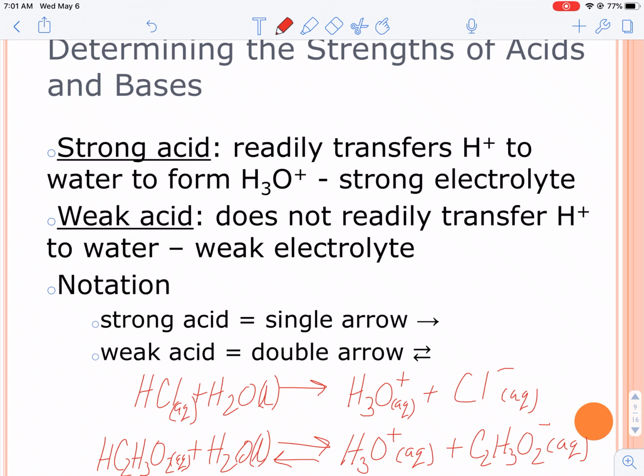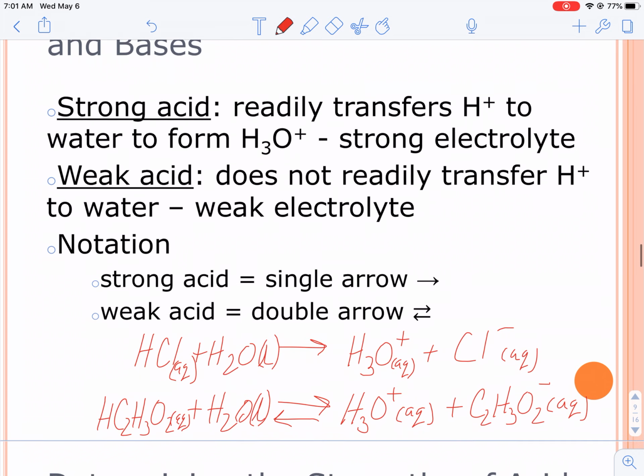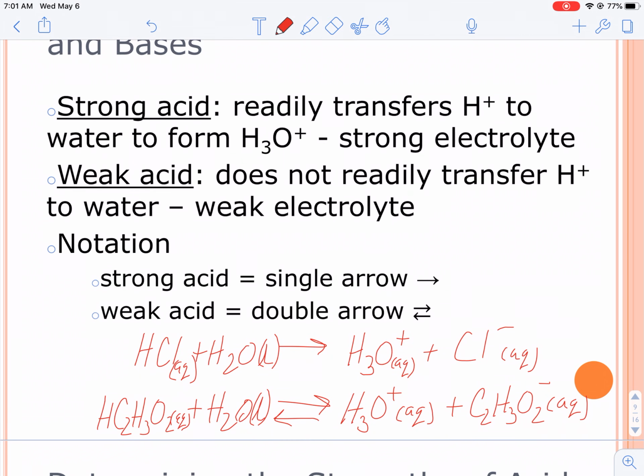A weak acid does not readily transfer the H plus to water. It forms a weak electrolyte. Now notice in the two examples I just gave, I actually have them written down here. And what you'll notice is that when I have a weak acid, it is a double arrow, meaning it is a reversible reaction. And we know that all of these ions are going to be found in some concentration.